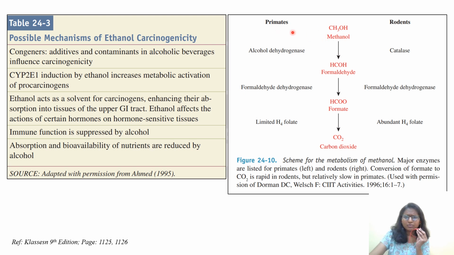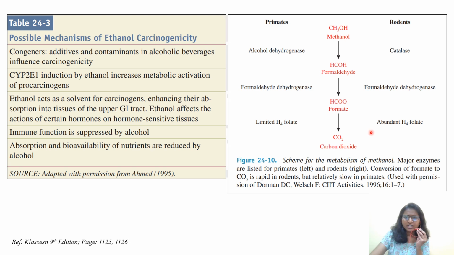In primates, methanol is metabolized by the enzyme alcohol dehydrogenase, whereas in rats or mice it is metabolized by the enzyme catalase. Methanol is converted into formaldehyde; alcohol is converted into aldehyde. This is again metabolized by formaldehyde dehydrogenase, in primates and in rodents, the same enzyme.